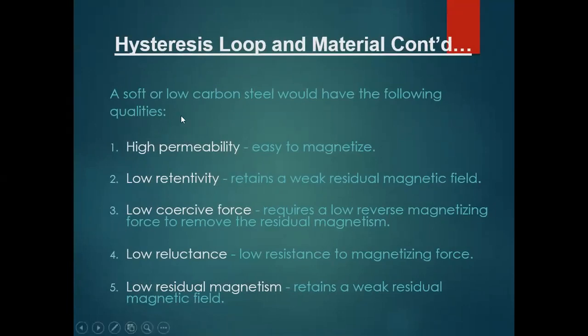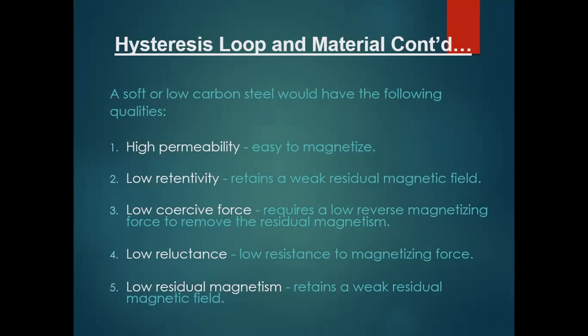So soft or low carbon steel has the following qualities: high permeability, easily magnetized, low retentivity, retains a weak residual magnetic field, low coercive force, requires a low reverse magnetizing force to remove the residual magnetism, low reluctance, low resistance to magnetizing force, and low residual magnetism. If permeability is high, then reluctance is low because it is easily magnetized.